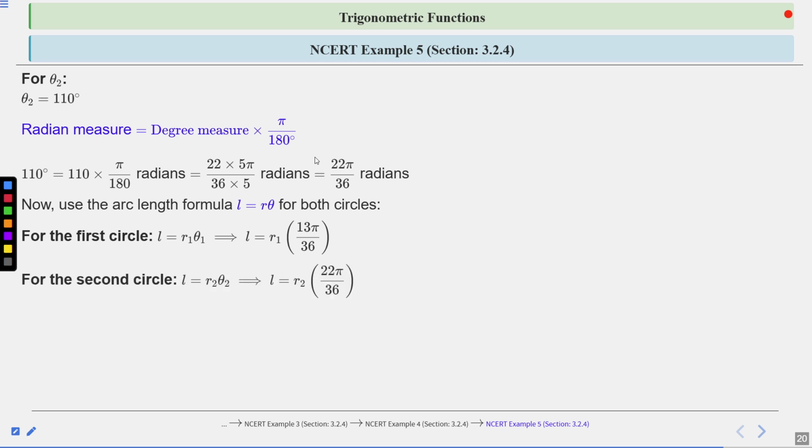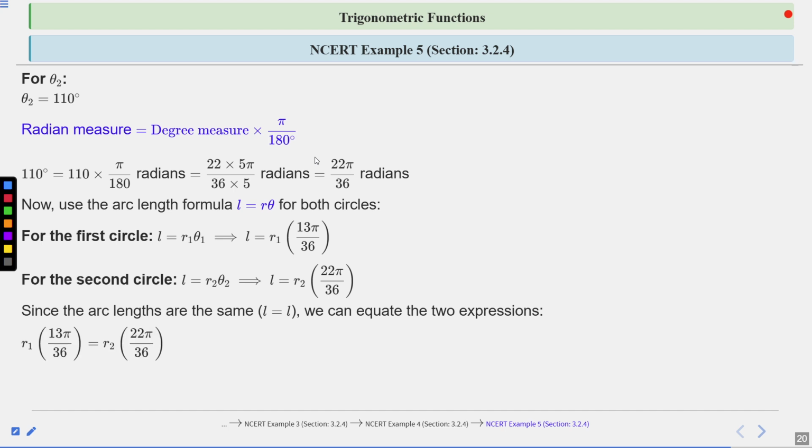And for the second circle, L is R2 times theta 2, which gives me L is equal to R2 times 22 pi by 36. Since the arc lengths are the same, meaning both circles give me the same arc length, L is equal to L. So we can equate both expressions. So we are going to get R1 times 13 pi by 36 is equal to R2 times 22 pi by 36.